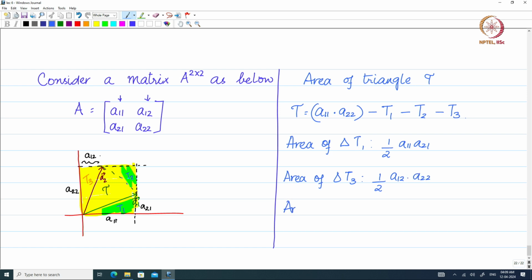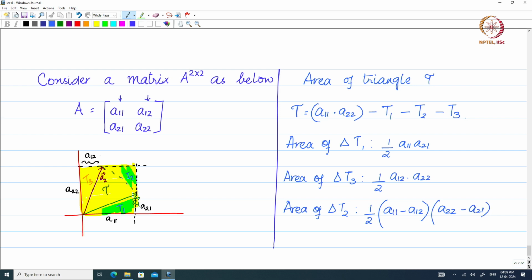Area of triangle T2 is half into the base A11 minus A12, and the height is nothing but A22 minus A21, right.